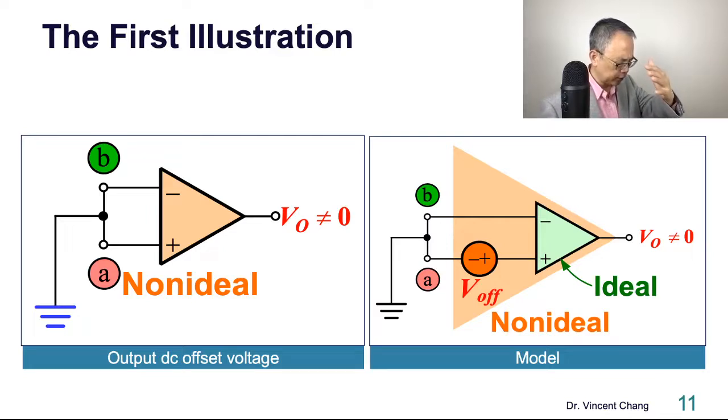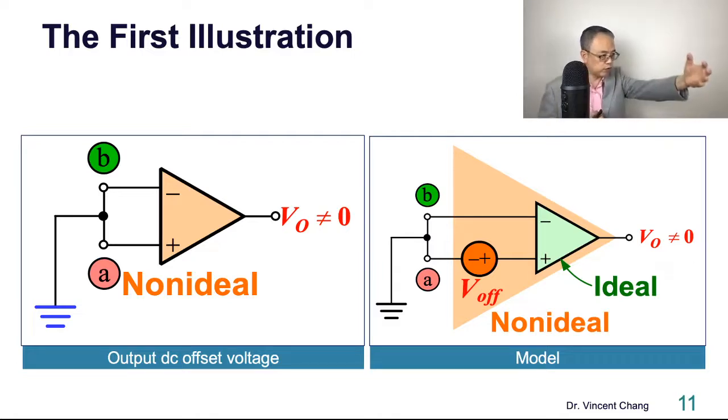So what's the issue? The issue is when both inputs are connected to the ground, there exists an output voltage. So you think about this. You imagine that the non-zero output voltage comes from a source called the input offset voltage.